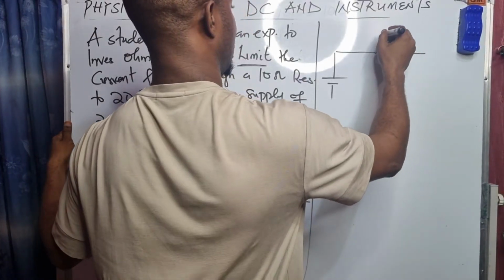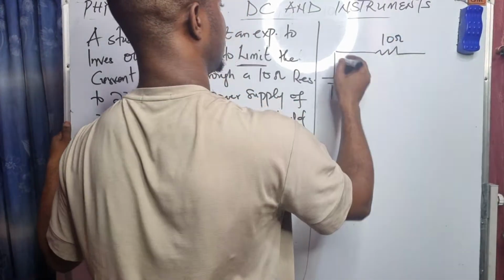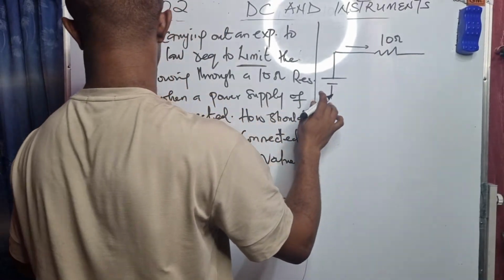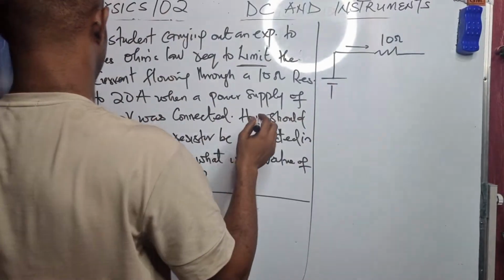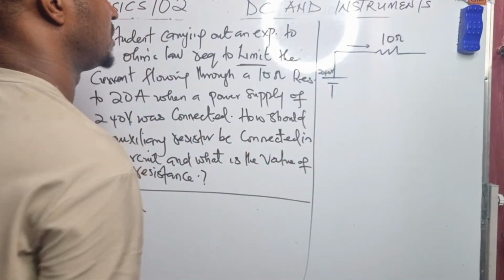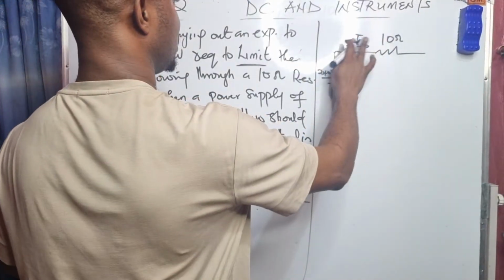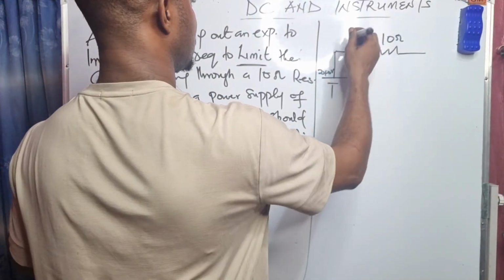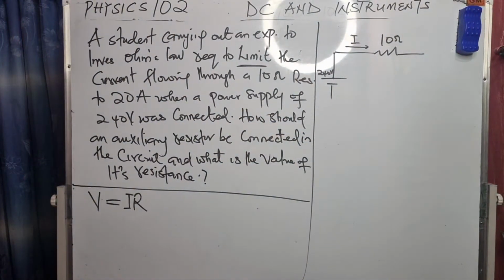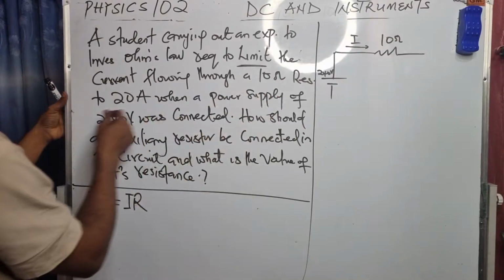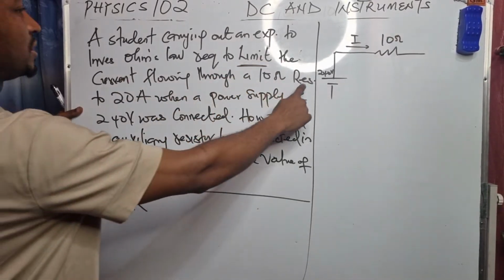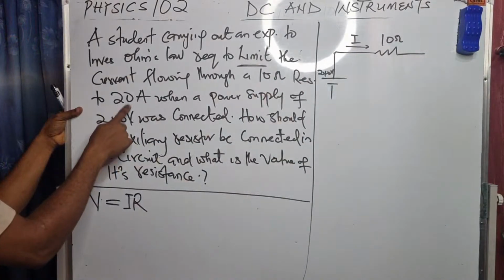This is a 10 ohm resistor. The voltage source we are told is 240 volts. Then we have a current here. We want to limit the current flowing through this resistor, to 20 ampere.